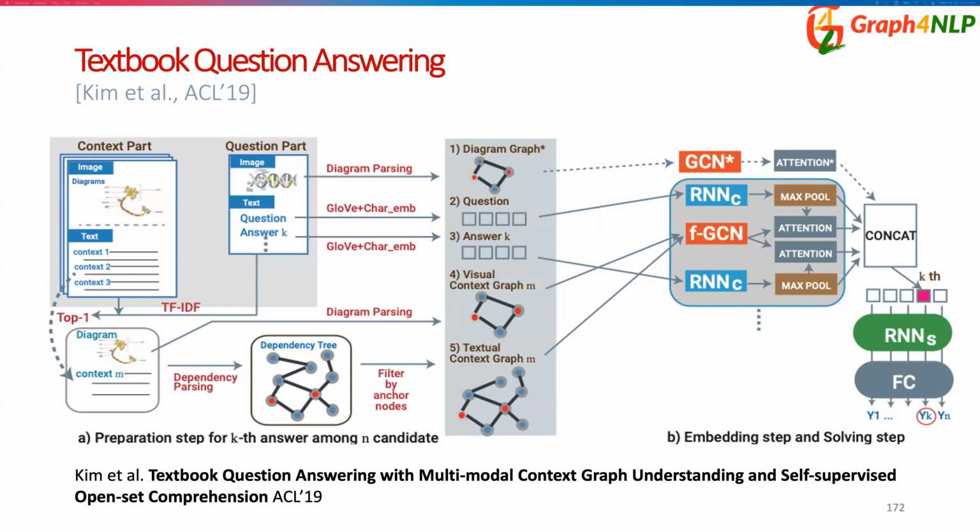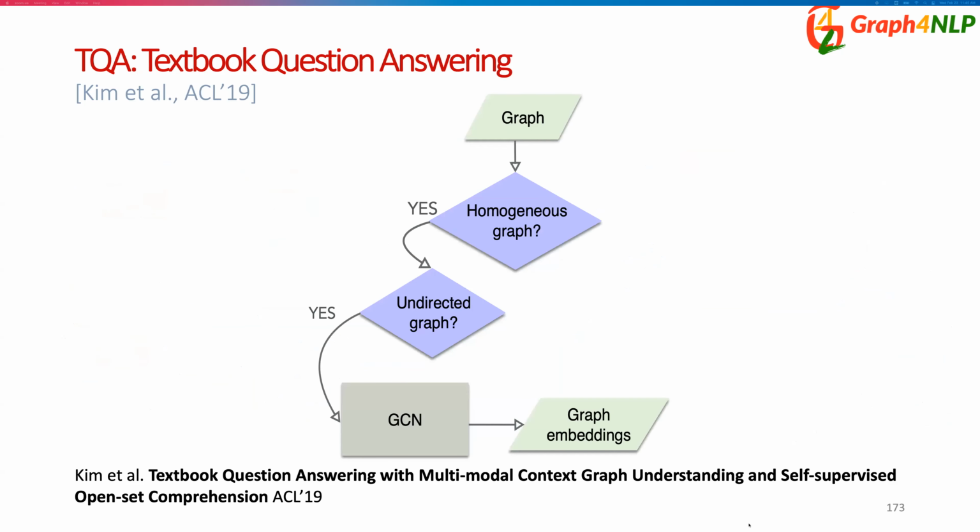The question and the case answer are also embedded by graph and character embedding. This step is repeated for n candidates. Then in the embedding step, an RNN is used as the sequence embedding module and a GCN as the graph embedding module. With the attention mechanism, we can obtain a combined feature, and then after concatenation, a fully connected module can predict the final distribution in the solving step.